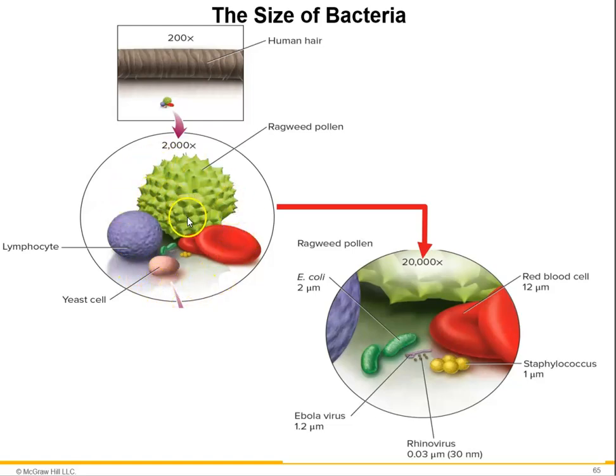We can see a pollen particle, a white blood cell, a red blood cell, a yeast cell, and then we can see some smaller things here, not entirely sure what they are, so let's zoom in some more. Now we've zoomed in 20,000 times. Here you can see this rod-shaped bacterium is E. coli. You can see these spherical bacteria are Staphylococcus. And then even smaller next to them, you can tell, are the viruses.